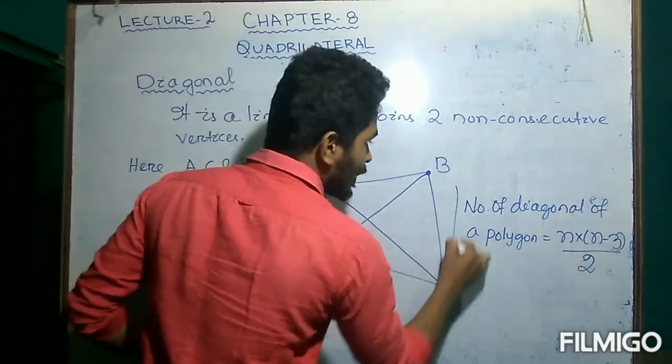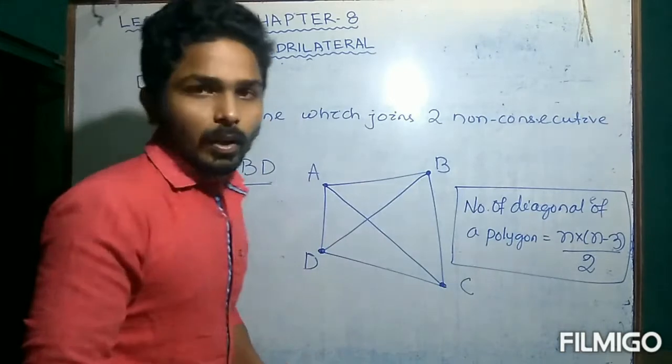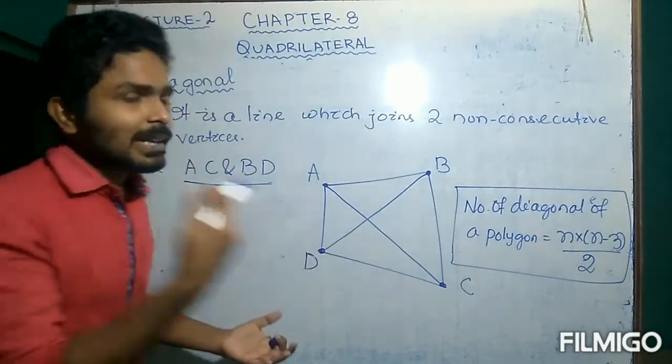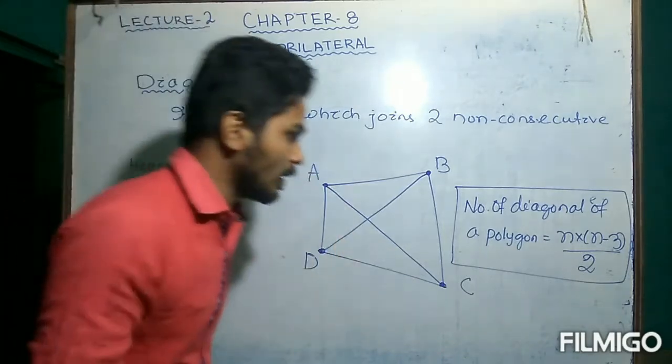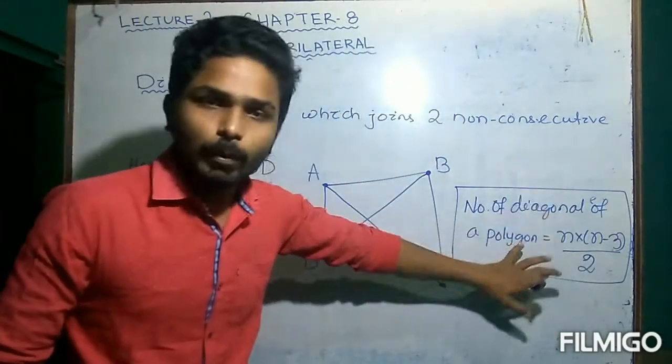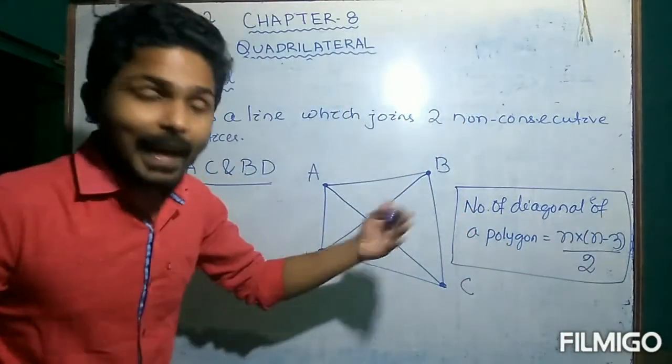You can write it down. This is suitable not only for a quadrilateral but for any type of polygon, for example a pentagon, a hexagon, a heptagon or an octagon. By using this formula, you can find the number of diagonals.